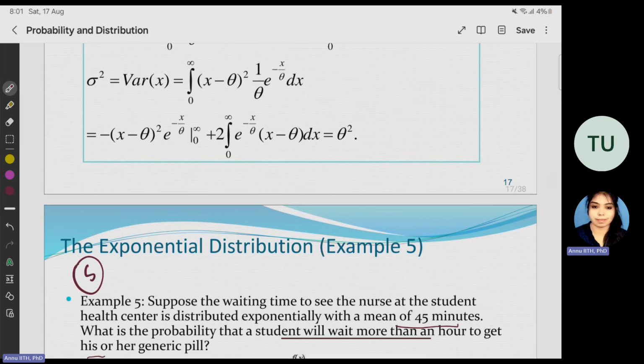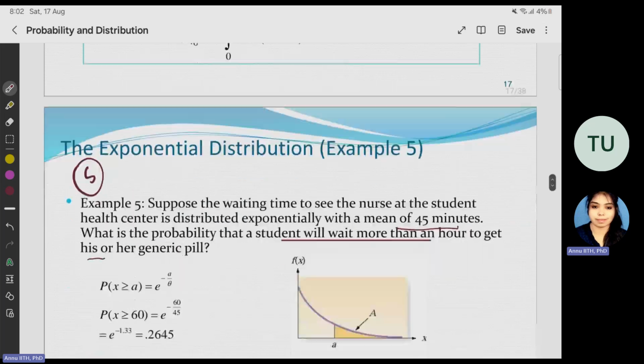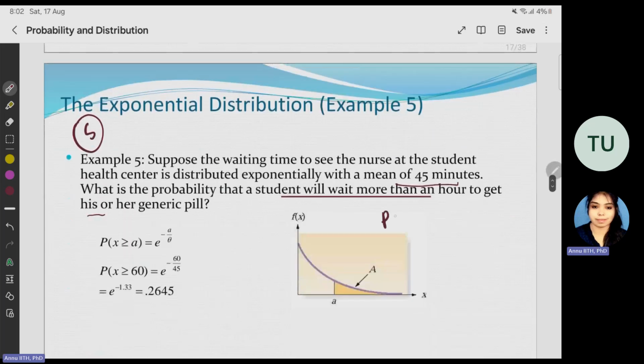So again, we have to go through the basic formula. Okay, no problem, we will see how to solve this problem. As we know, P of x greater than or equal to a is e power minus a by theta.